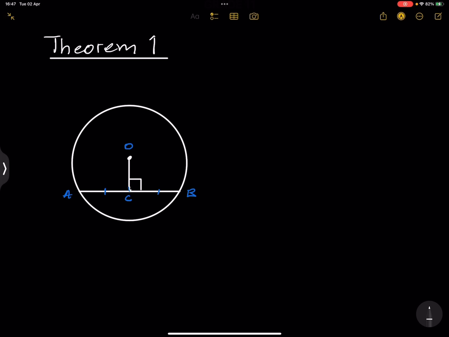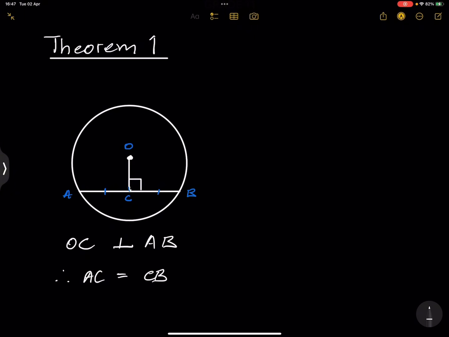So what are we given? We're given OC perpendicular to AB. And our conclusion, therefore, is that if that line is from the center O, the center of the circle, then AC will be equal to CB.